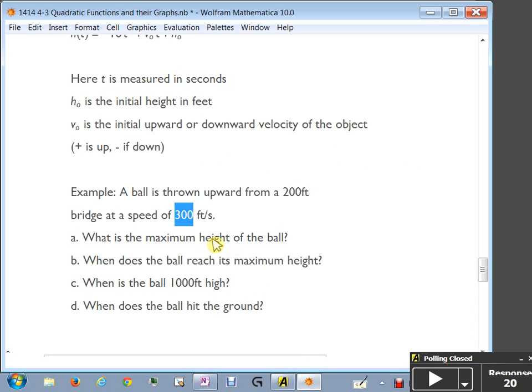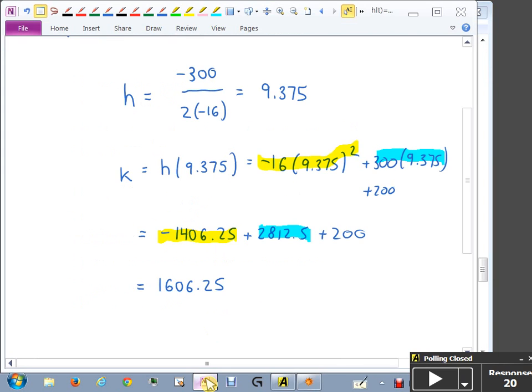The first one, what is the maximum height of the ball? That we said was the K, right? So which one is it? This is it. So I need to put 1606.25 feet. This is the maximum height.